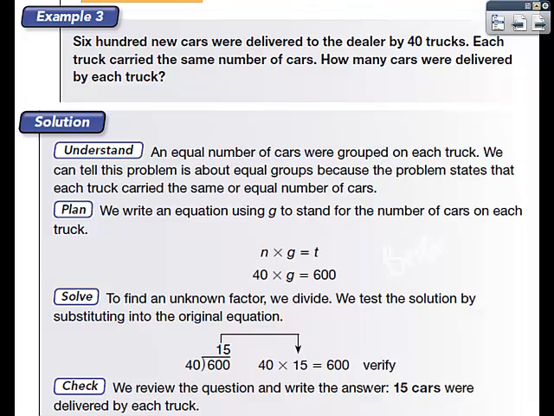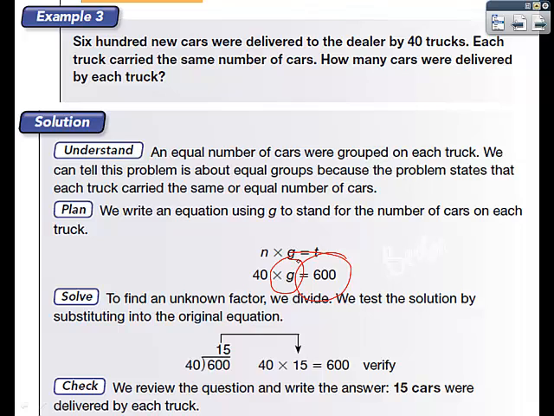Well, we know that we had 600 new cars. We also know that we had 40 trucks. So the problem's just asking us to solve how many cars fit on each truck. Well, if you use 40 for the number of trucks times how many fit on each truck would equal 600 total cars, we can find that out.